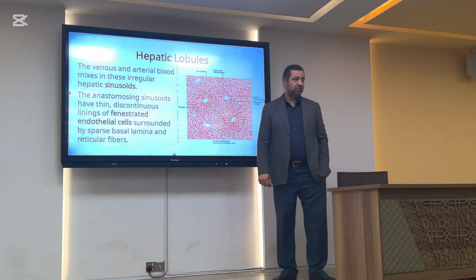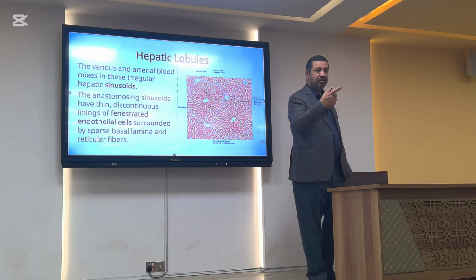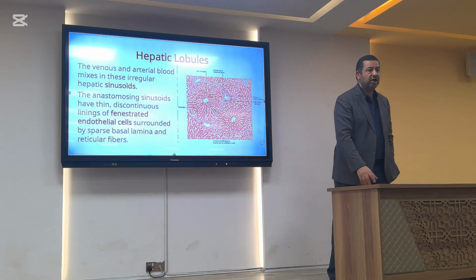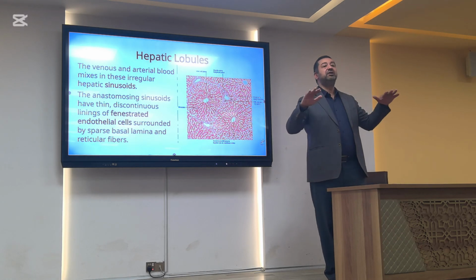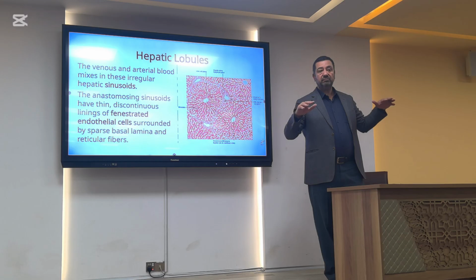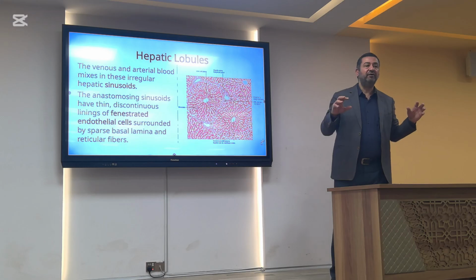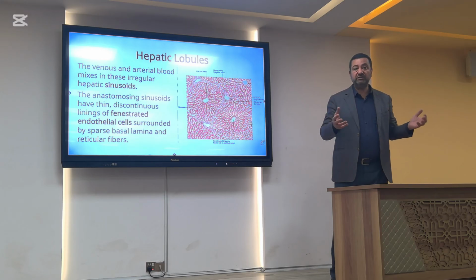Okay? There are many features in the sinusoids. In the sinusoid, the basal lamina is not continuous, it is sparse. And endothelial cells have many fenestrae. This is fenestrated.